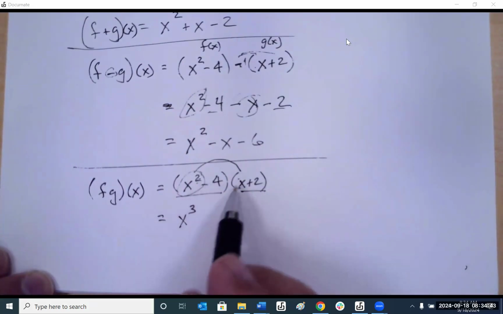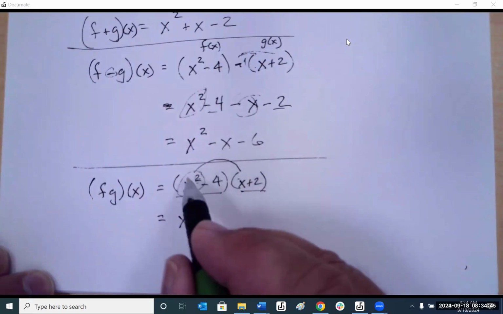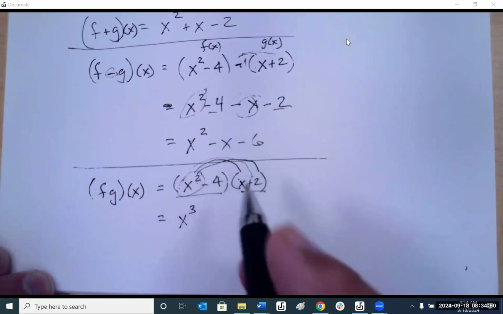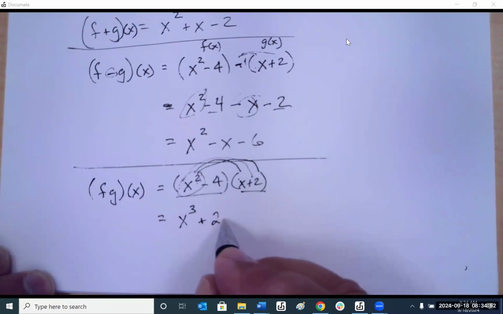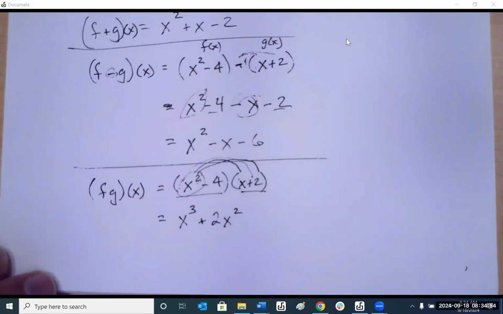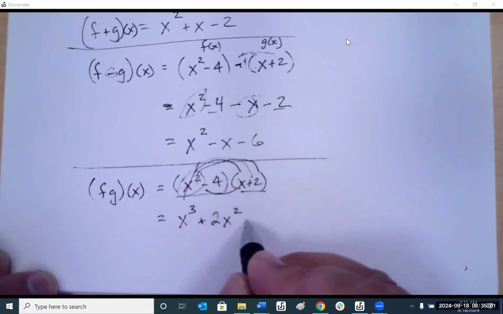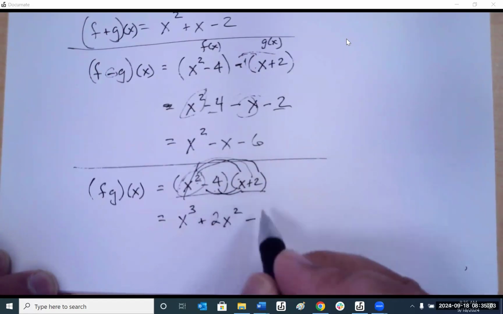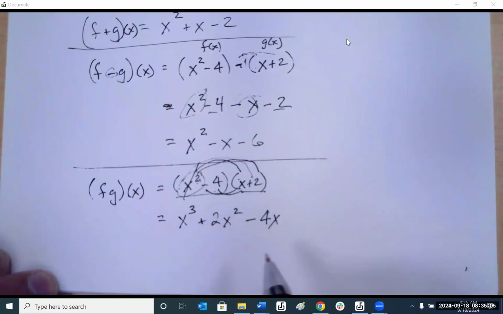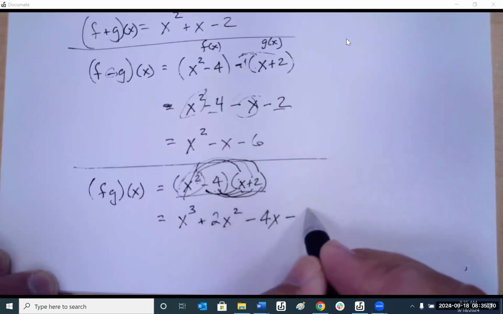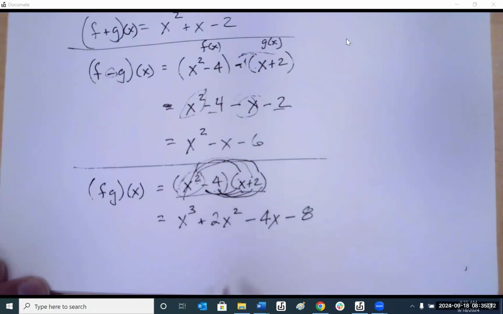There's 2 there, there's 1 there, now I have 3. They're both positive. x squared times 2 is positive 2x squared. That's it for that one. Next, negative times positive is negative, 4 times x is 4x. Negative times positive, 4 times 2 is 8. Can't combine anything, so there I have it.